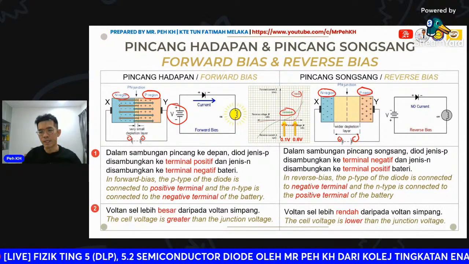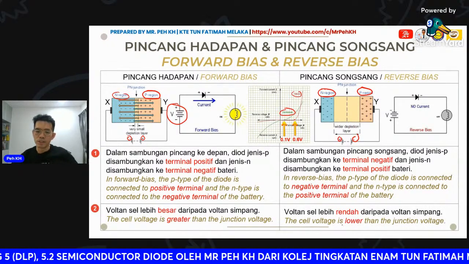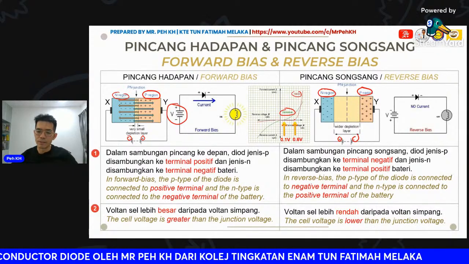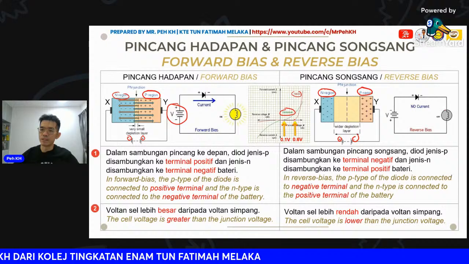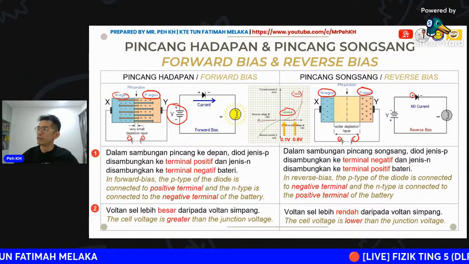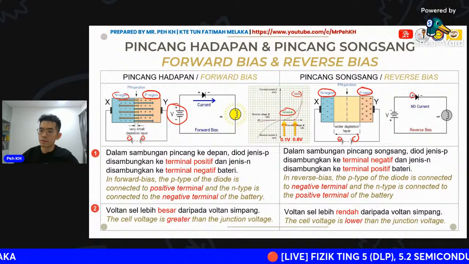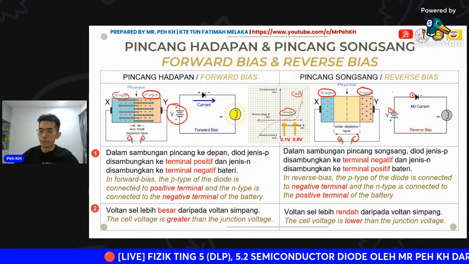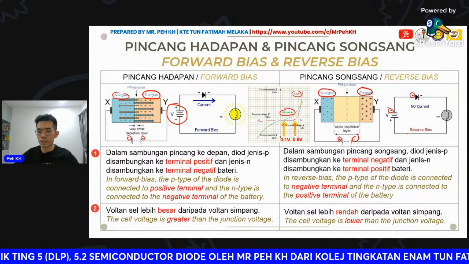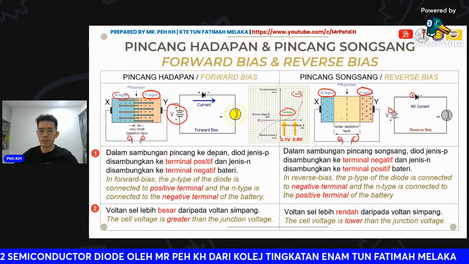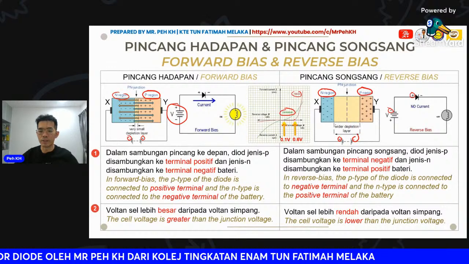Okay, so on the other hand, here the cell voltage is lower than the junction voltage. You can just look at the figure. Because the connection terminal of the diode and the terminal of the battery are not the same polarity, this will cause the depletion layer to become wider.